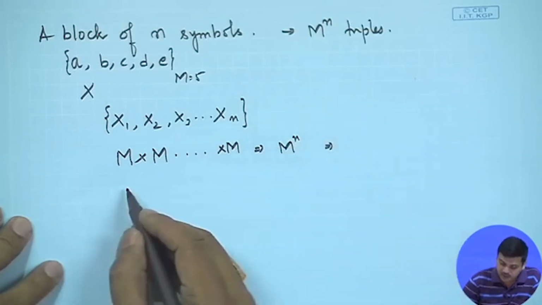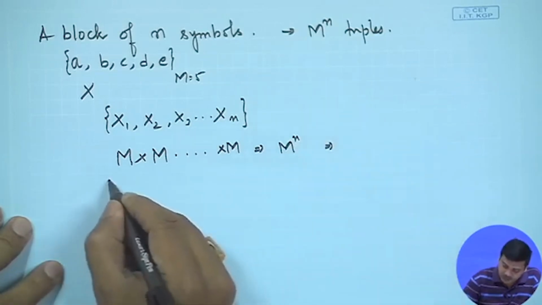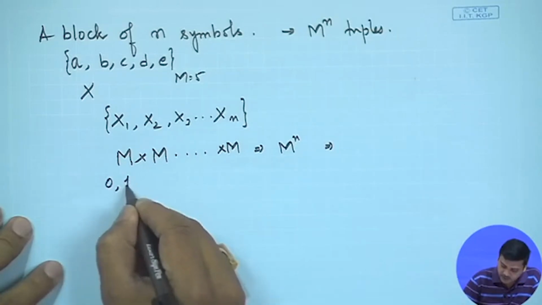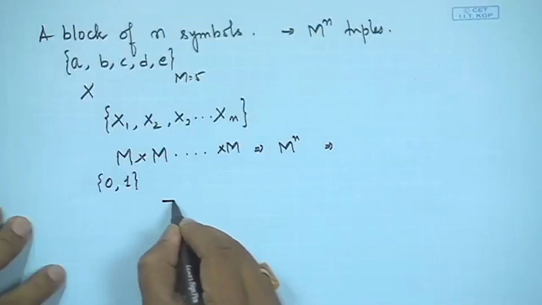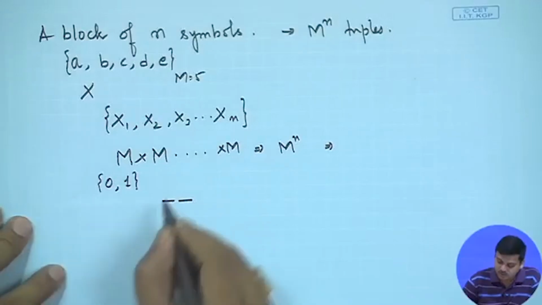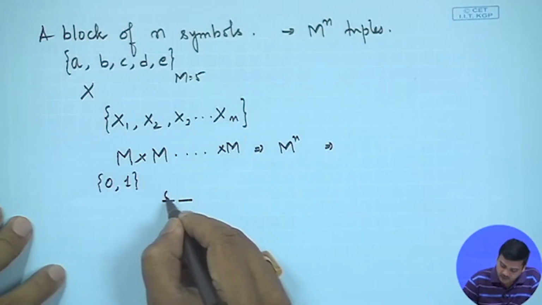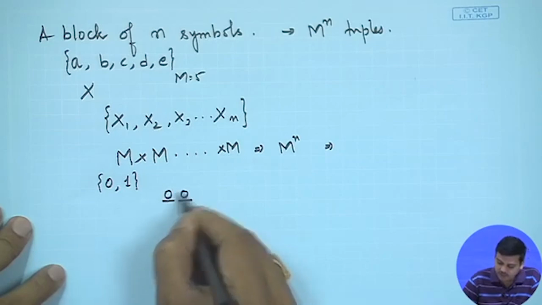Again we can think of it like, let us say I have a 0 and a 1 as my basic set. Instead of this, if I would group, let us say 10 such, or 4 such, or even 2, the minimum is 2. So, that means I will have 2 positions. This can take a value of 0 or 1, and this can take a value of 0 or 1.